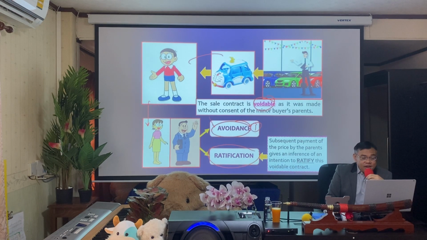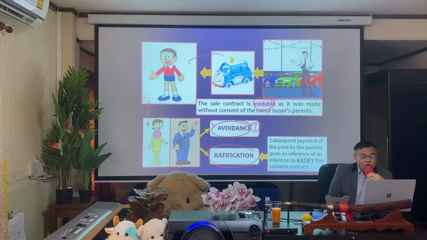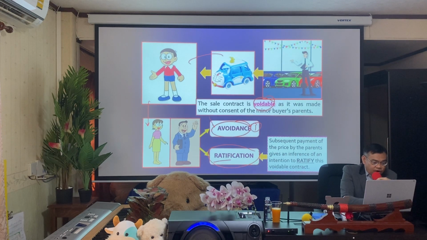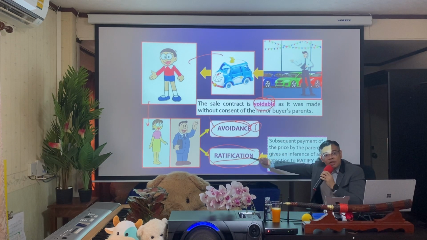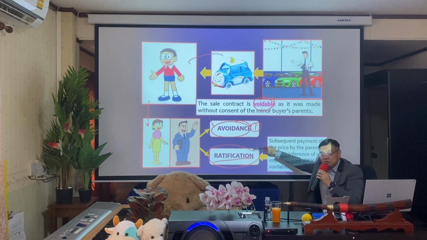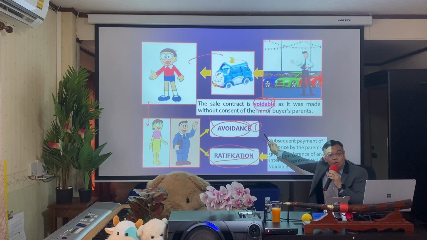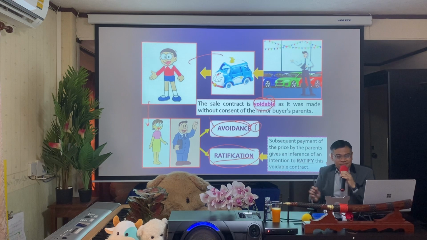But if the parents say, well, fine, even though our son did not get our consent, we now consider that this contract seems to be fine, the parents as the legal representatives may just ratify this juristic act. So these are two choices, either avoidance or ratification.